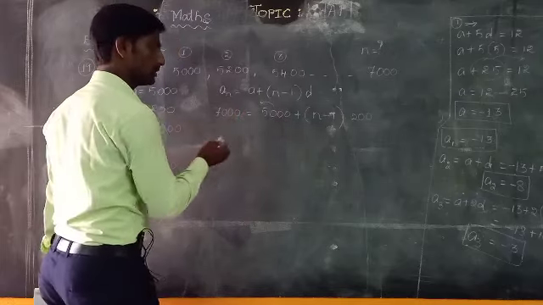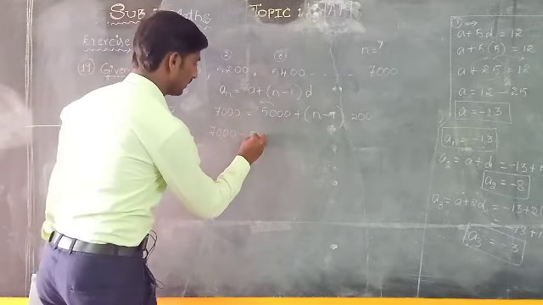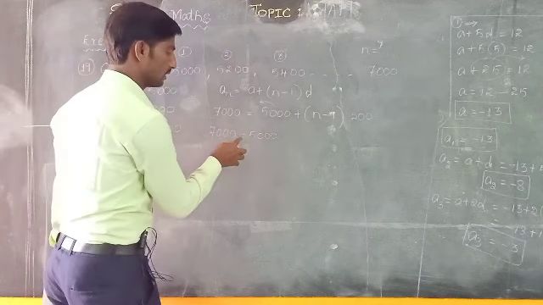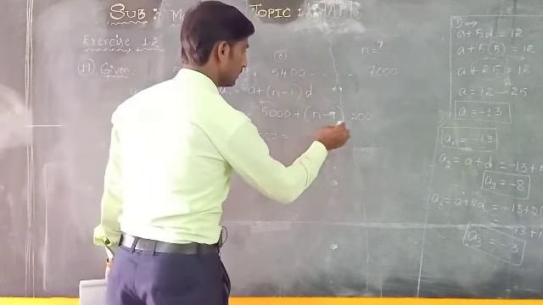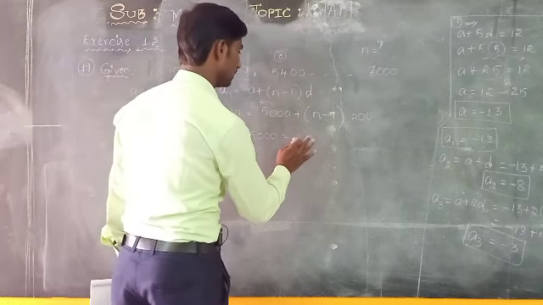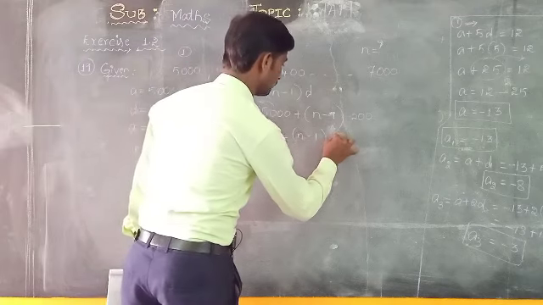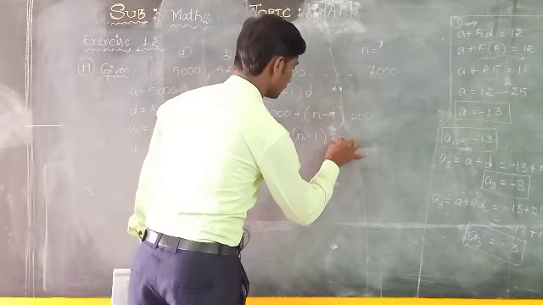According to the rule of transformation, 7,000 minus 5,000 equals 200 into n minus 1.